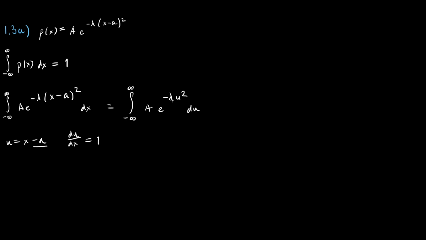And this is a Gaussian integral. In the back of the textbook, there is a Gaussian integral relation that says that the integral from 0 to infinity of x to the 2n e to the negative x squared over a squared dx is equal to the square root of pi times (2n)! over n! times (a over 2) to the 2n plus 1.